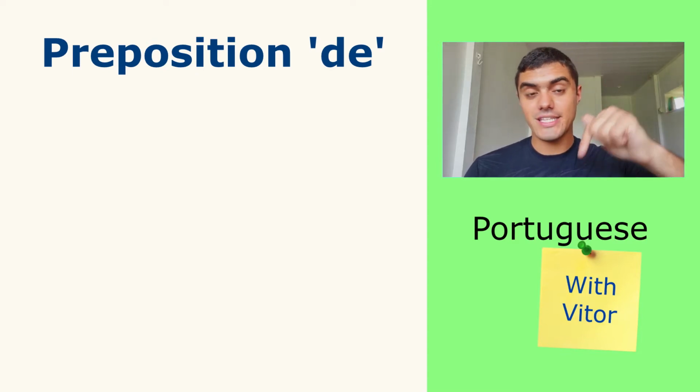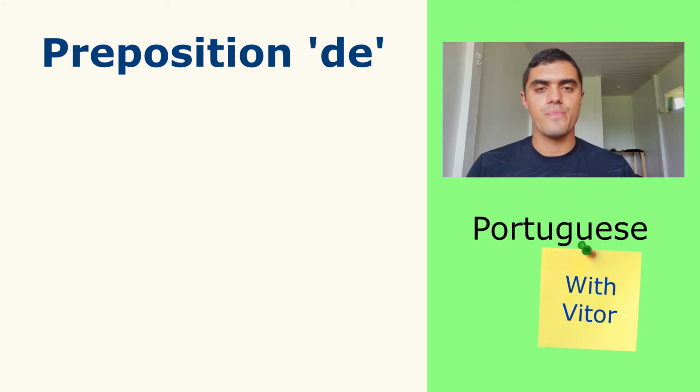I'm going to place the link in the description also. Definite articles, okay? You must see them. Why? Because these prepositions, they contract with definite articles. And you must know how to use definite articles, how to choose between the 4 we have in Portuguese according to the noun. So let's start with the first preposition, the preposition de.